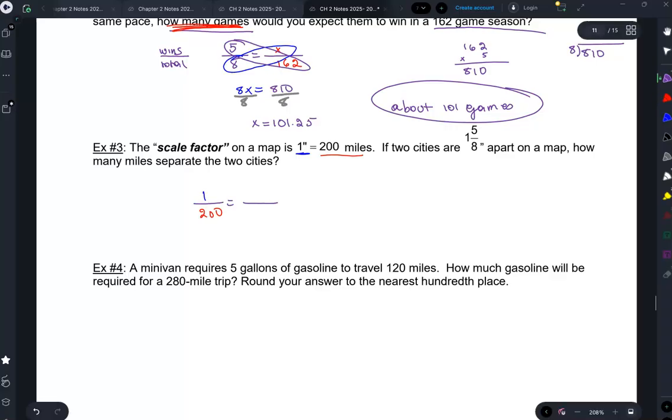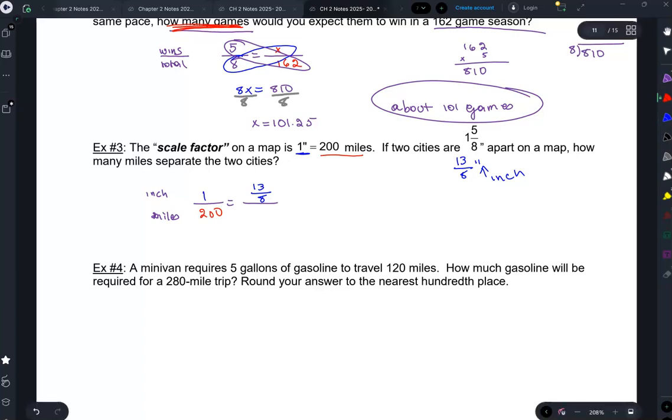So let's see. This is inches and 200 miles. Do you see that? 1 inch, 1 inch, 200 miles, 200 miles. So here, this one is 13 over 8. This symbol means inch, right? That's inch. And because I put inch on top here, I have to put it on top here.